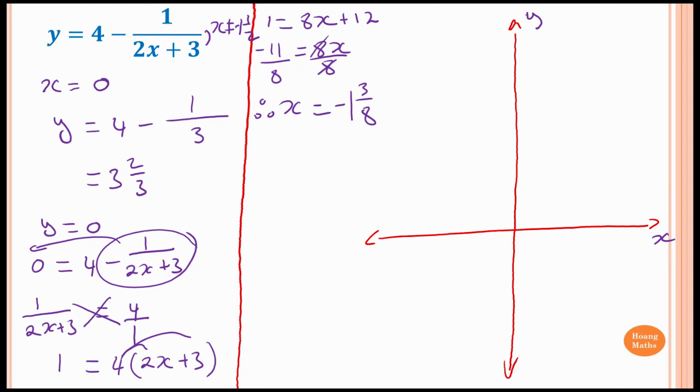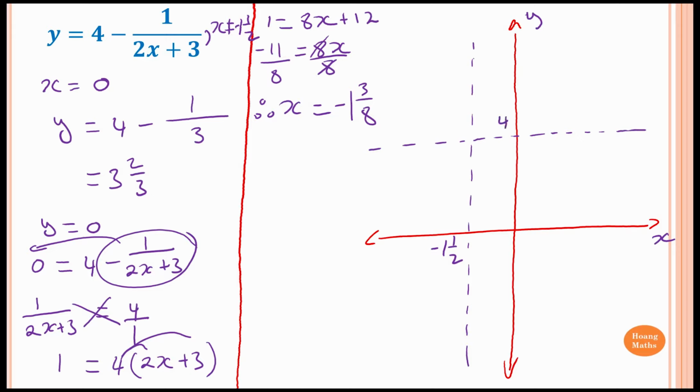So we just label the horizontal and vertical asymptotes first. So the vertical asymptote is minus 1.5. So just label this first. Negative 1.5. And the horizontal asymptote is 4, which is here.